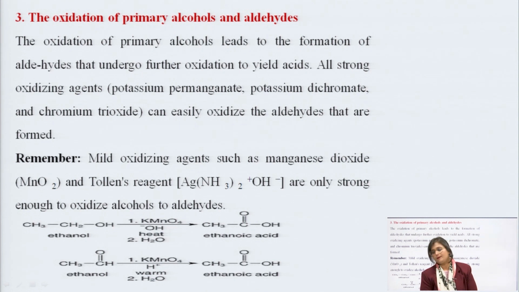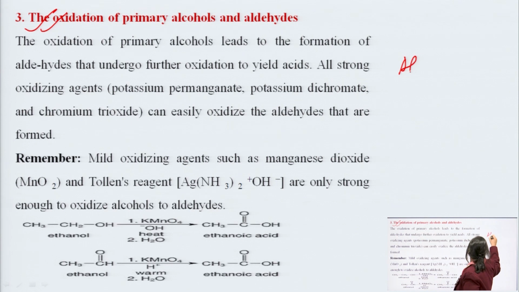So, coming back to the oxidation reaction of primary alcohols and aldehydes. In the presence of strong oxidizing agents like potassium dichromate, potassium permanganate and chromium trioxide, alcohols are first converted into aldehydes.